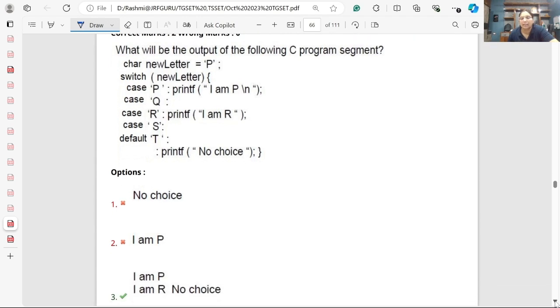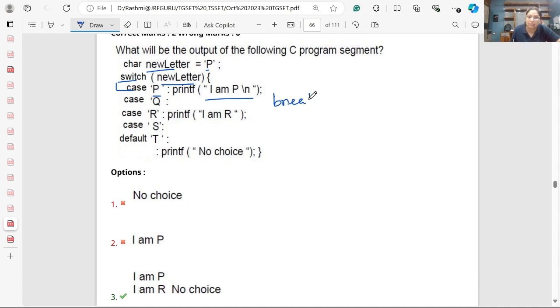Now what is the correct answer for this? What is the output? I have a new letter character defined, and the new letter is P. Now the switch case is there and P, so it will jump to case P and print I am P. But it will not stop because the break statement is not given here.